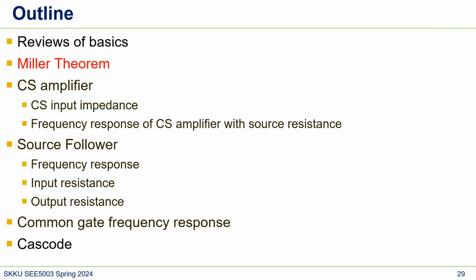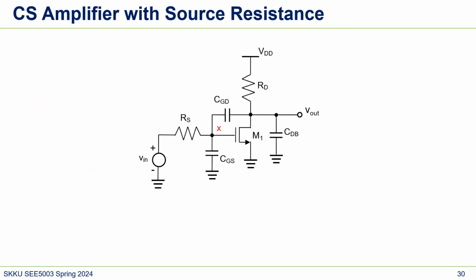Next, we will learn about Miller theorem. This is a very important part. To begin with Miller theorem, let's look at this circuit. What's the difference? Now we have RS. Before we didn't have RS, but now we have RS. So here we have a question now.